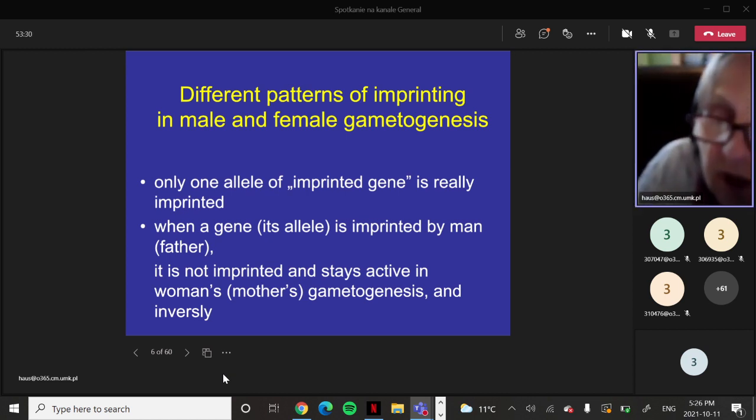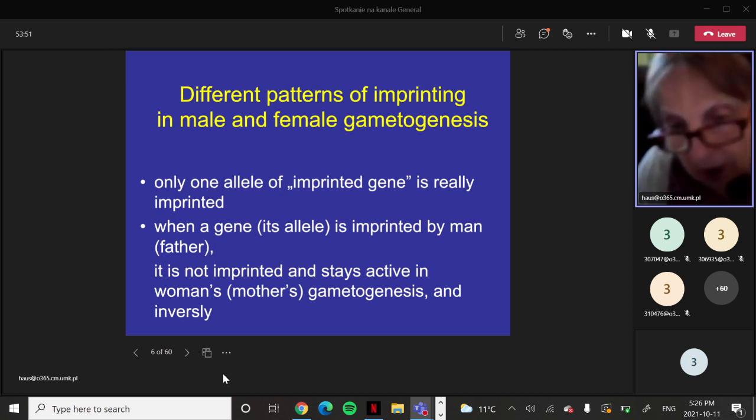There are different patterns of imprinting in male and female gametogenesis. And in every so-called imprinted gene, only one allele is really imprinted, either by man or by woman.